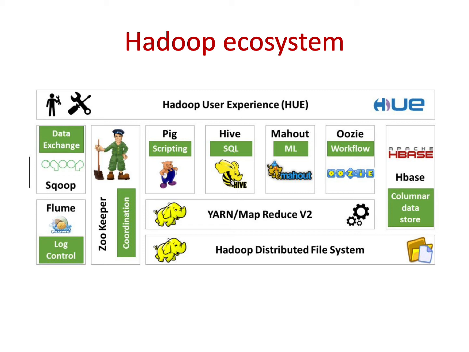And we can see another component, which is Zookeeper. This Zookeeper is mainly used for coordination, as mentioned in the diagram. Zookeeper is the Hadoop component which is used to maintain all the configuration information, naming, and so on. It also provides distributed synchronization and group services.